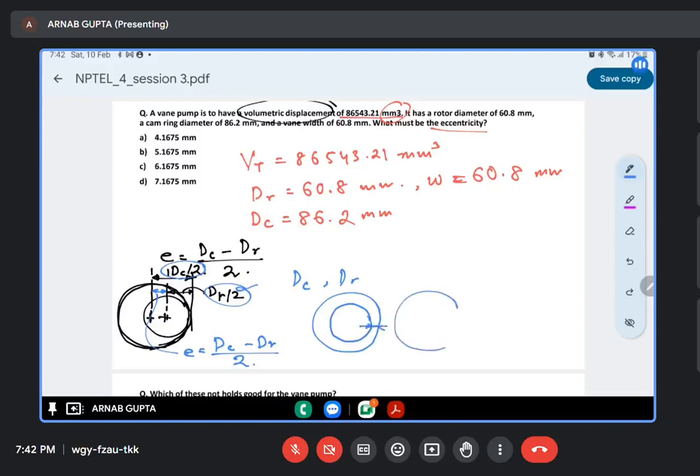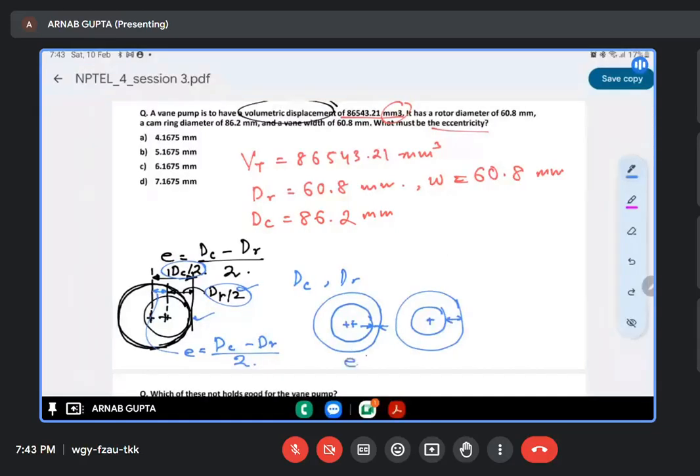You can use it like this, where there is complete clearance and these are coaxial. You can understand that the eccentricity is less here, and you can use it like this also. Here the eccentricity is zero, and this is your E max.